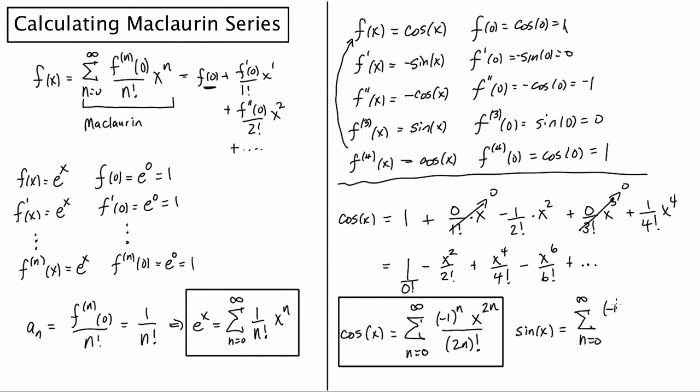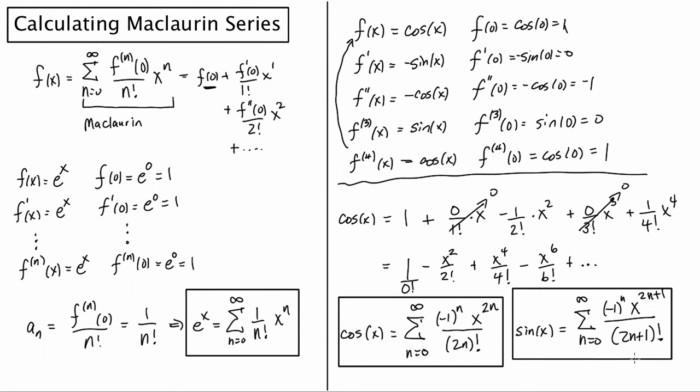In fact, the only difference is that the powers are odd, 1 more than a multiple of 2, divided by the odd factorials. And so this is the Maclaurin series representation for sine of x.